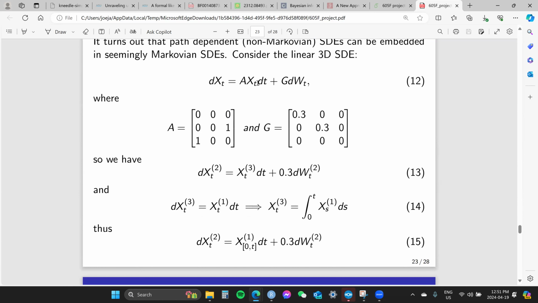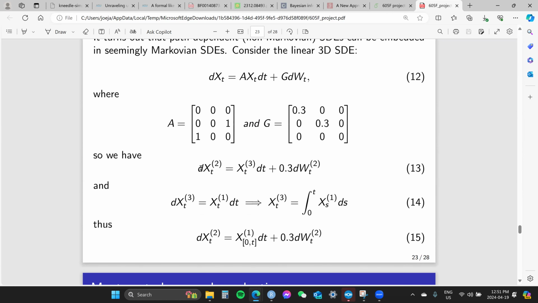If you have your drift matrix be in such a way that xt2 depends on xt3, but xt3 depends on xt1, because of the nature of the differential equations, you'll see that finally dxt will actually depend on the entire path of xt1.